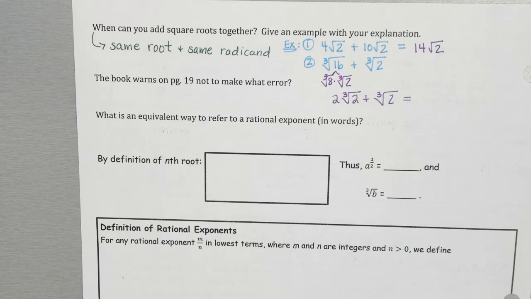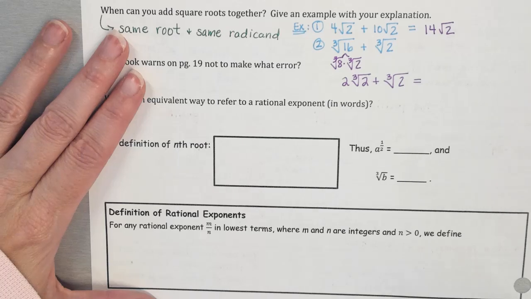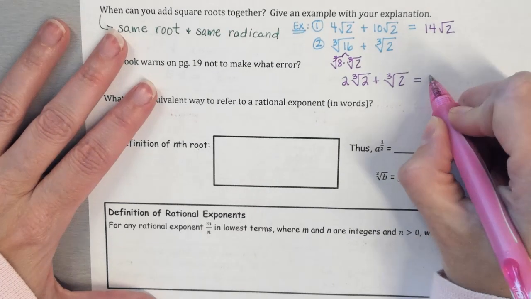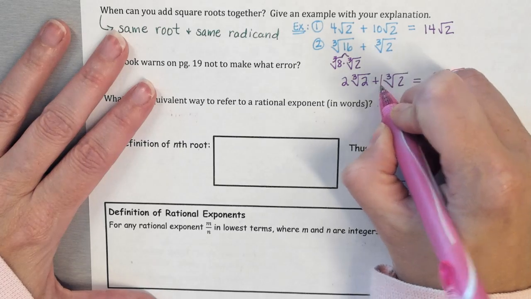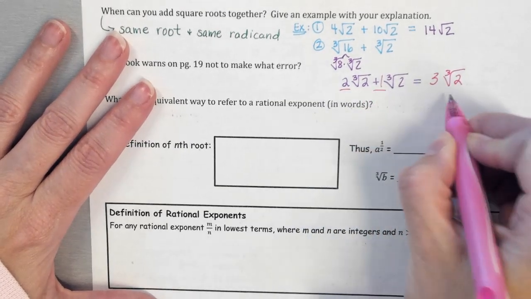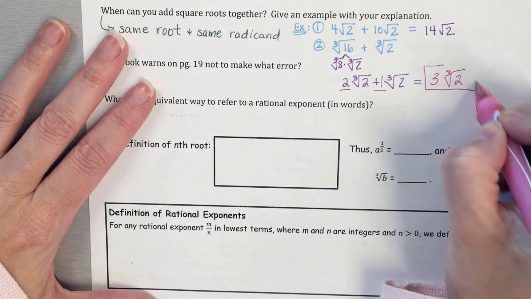In the second one, the cube root of 2, what number is in front there? A 1. So your final answer should start with what? 3. Your final answer should start with 3. So it's going to be 3 cube root of 2. And again, it's because there's a 1 here. So you're adding the 2 and the 1 to get the 3.